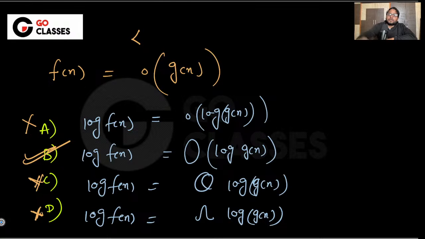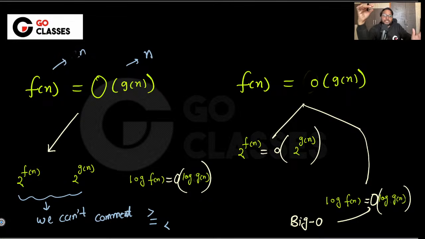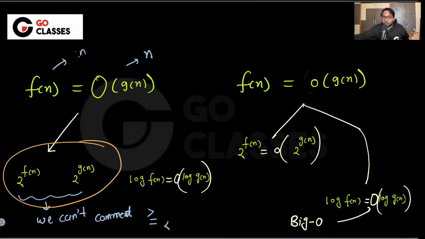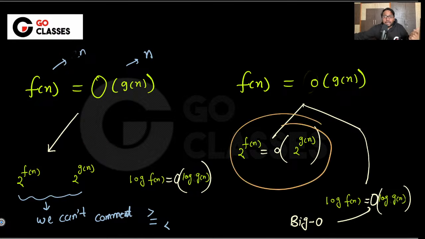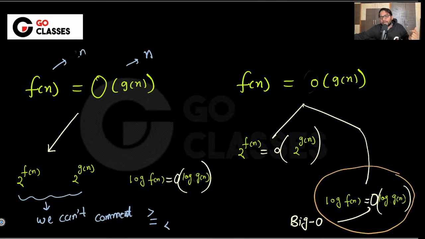Understood? So let's now solve some questions. Don't worry, you will get to understand this. Here I am saying that if they're related by big O or small o, then after the exponent that constant may trick you, but here the constant can't trick you. One thing is for sure, that if they are strictly lesser, then after log they may be equal.